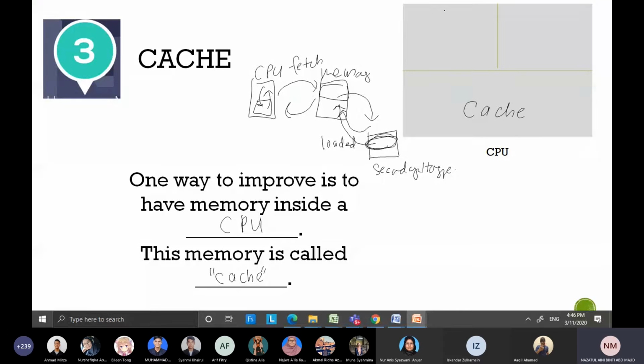What else is inside the CPU? Registers, the control unit, and the ALU. So one way to improve is to have cache inside our CPU.